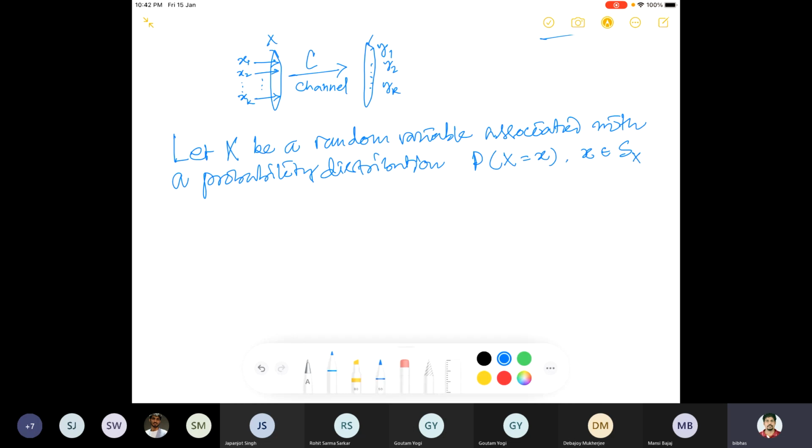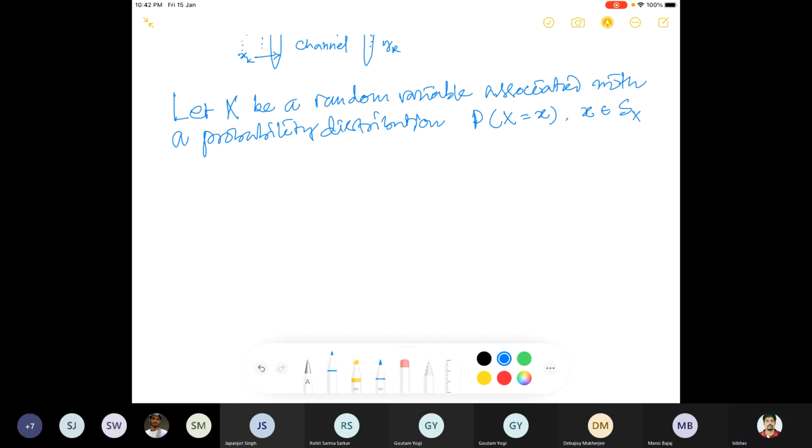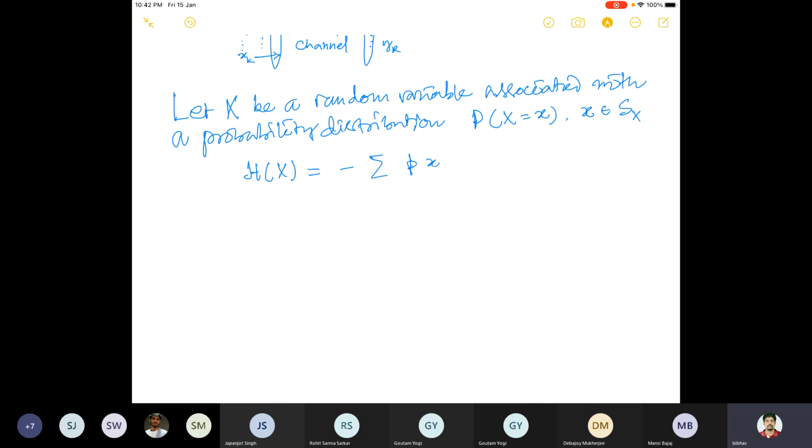Then we said the entropy of X is equal to minus the sum of p(x) log p(x), taken over all x belonging to the corresponding sample space.